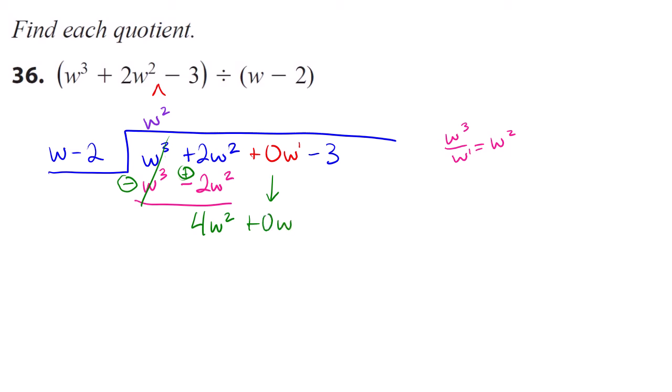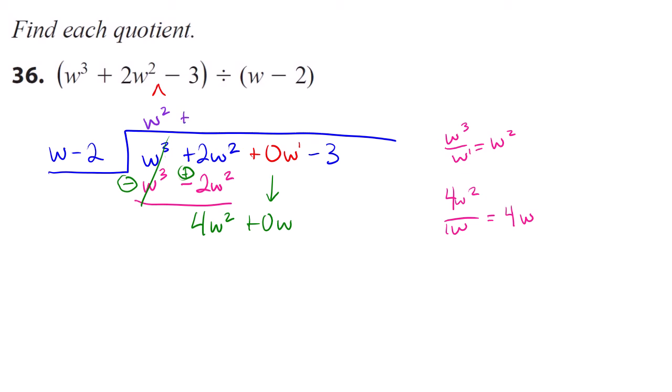Now I'm going to evaluate the first term here divided by the first term here. What is 4w squared divided by w? 4 divided by that invisible 1 is 4. w squared divided by w is w, or w to the first.